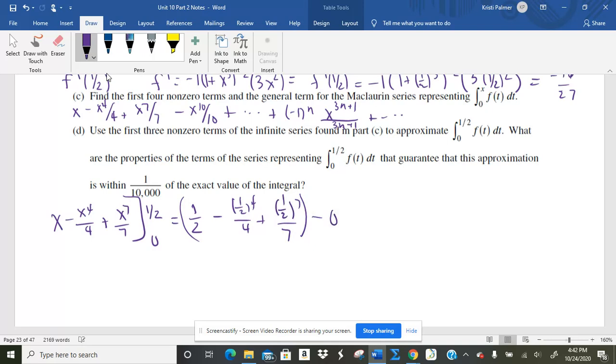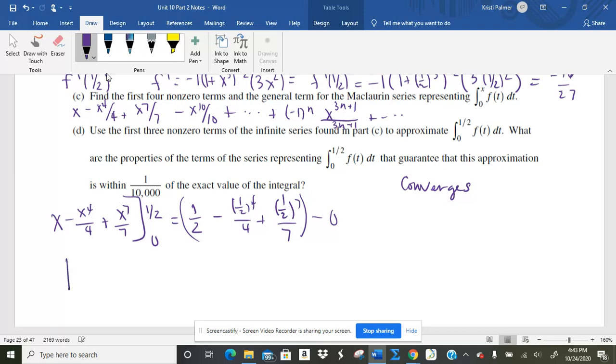So there is this guy kind of approximating. And they're saying, show that this guy right here, what are the properties of the terms of the series that guarantee this approximation is within 1 over 10,000. So here we need to know that this series converges, right? So let's go see.